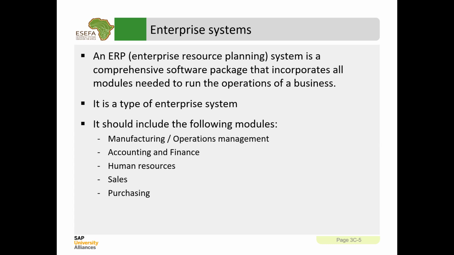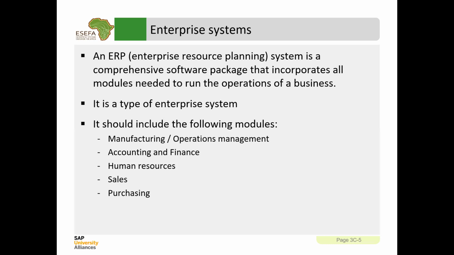The second part is that an enterprise system must have accounting and finance that deals with the monetary aspect of your production, of your system, of your business. Then the third one is the human resource that deals with the number of people that are working, number of contractors, number of laborers, number of workers in your business.